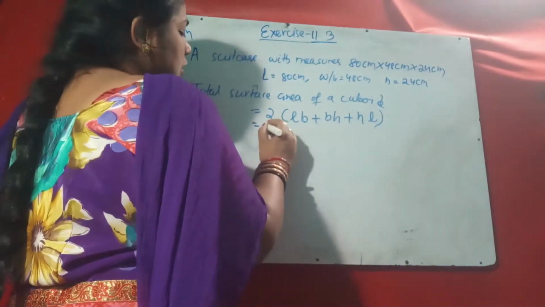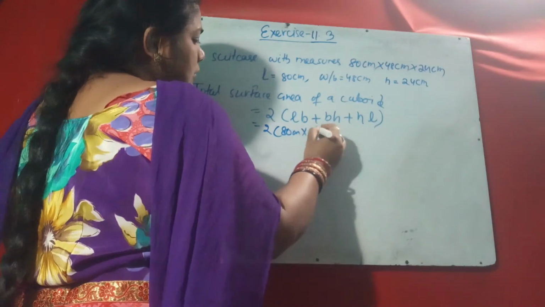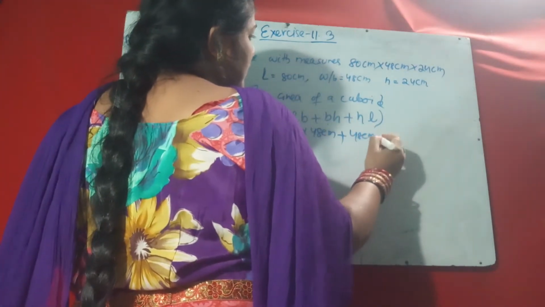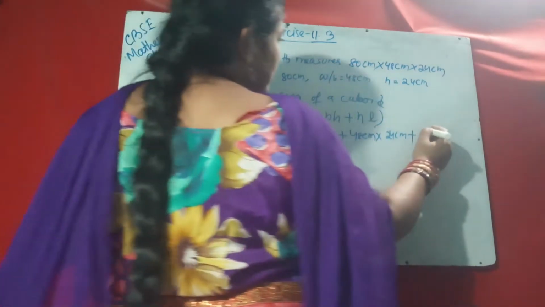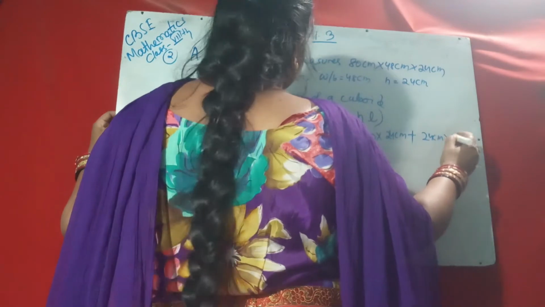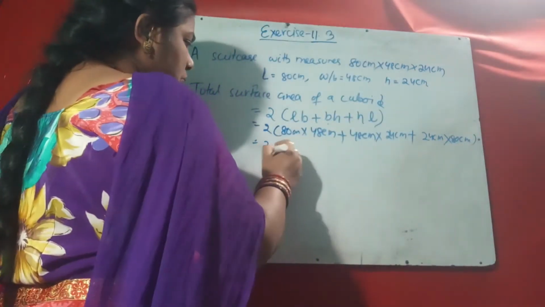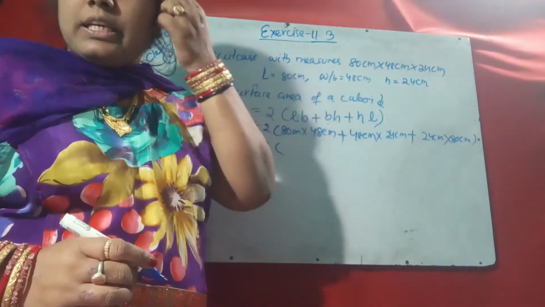Put the numbers: 2 into length 80 centimeter into breadth 48 centimeter, plus breadth 48 centimeter into height 24 centimeter, plus height 24 centimeter into length 80 centimeter.